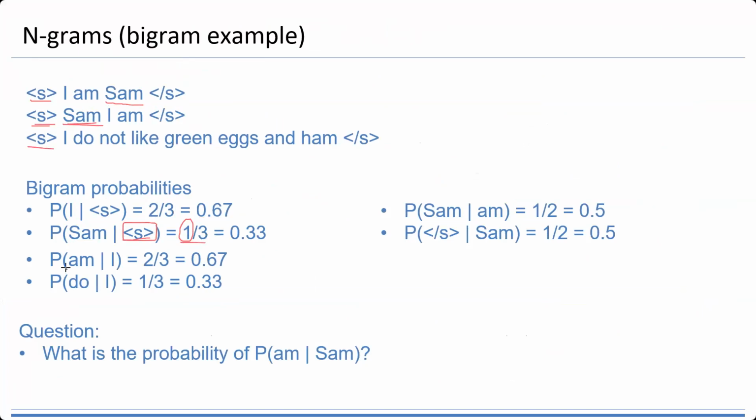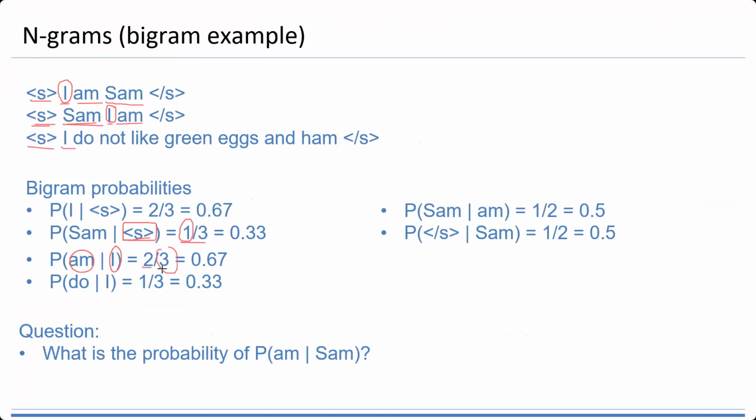If I want to see what is the probability of M given I, then you will see the word M, there are 2, and those M are after I. But we have I, there are 3.